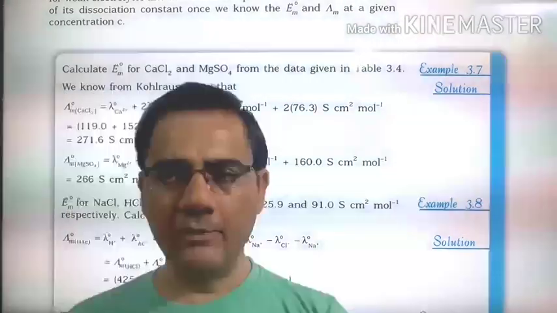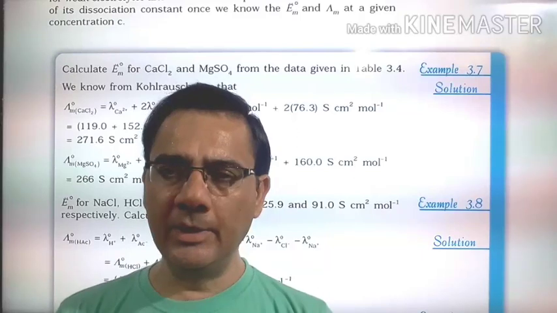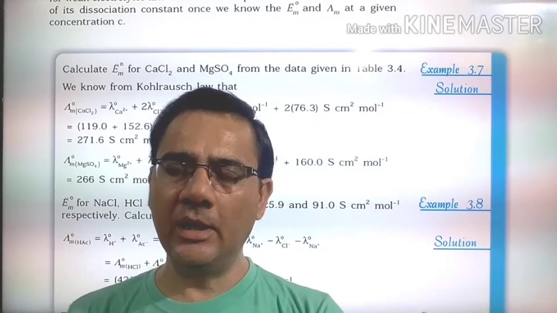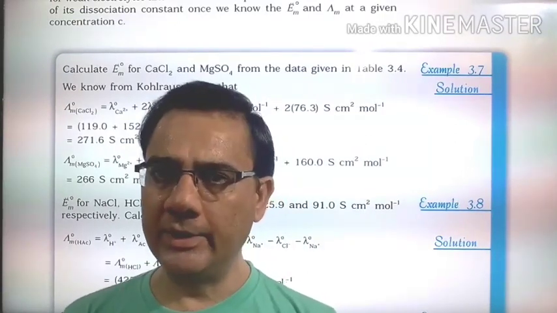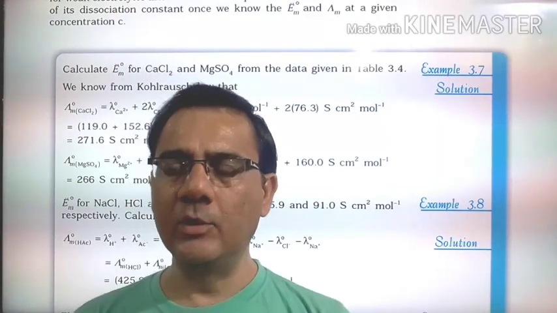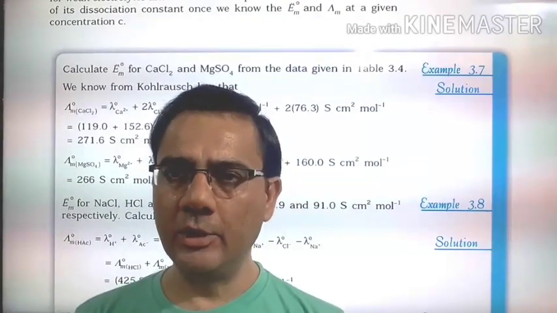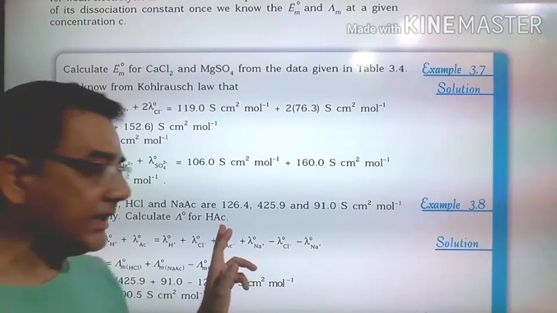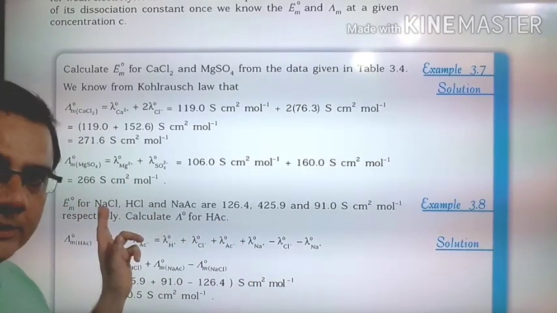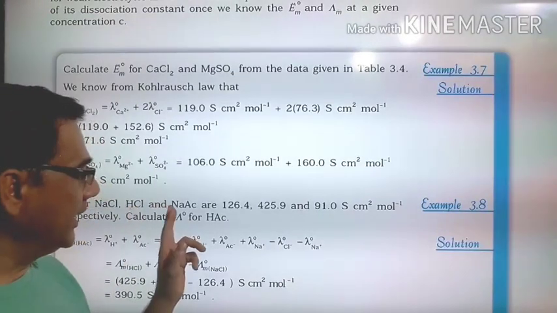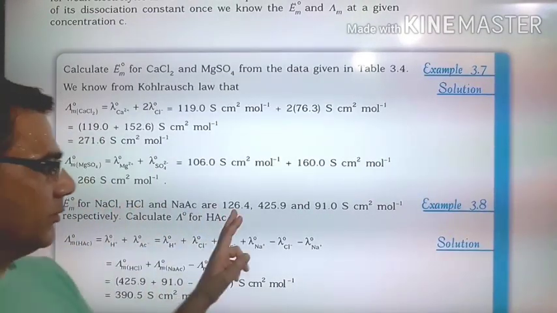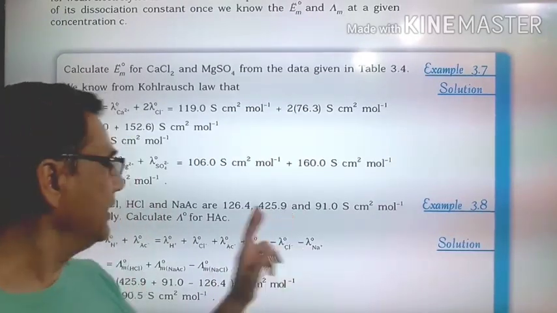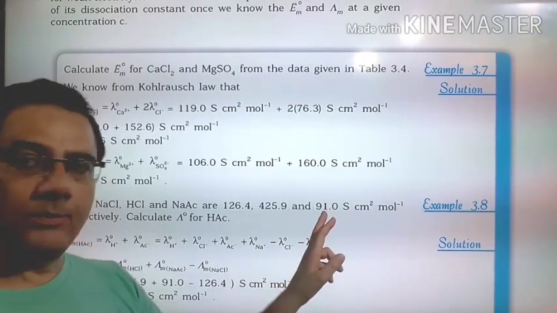This is the weak electrolyte. Whenever we need to calculate the limiting molar conductivity of the solution containing weak electrolyte, तो ऐसे में आपको 3 दूसरे कंपाउंड्स की लिमिटिंग मोलर कंडक्टिविटी गिवन होगी, और उसकी हेल्प से हमको कैलकुलेट करना है लिमिटिंग मोलर कंडक्टिविटी ऑफ वीक इलेक्ट्रोलाइट. जैसे पूछा है इसमें HAc यानी कि एसिटिक एसिड, और गिवन क्या है 3 मोर कंपाउंड. वन इज NaCl स्ट्रॉन्ग कंपाउंड, HCl स्ट्रॉन्ग कंपाउंड, NaAc स्ट्रॉन्ग कंपाउंड. तो NaCl की लिमिटिंग मोलर कंडक्टिविटी 126.4, HCl की 425.9 और NaAc की 91.0.